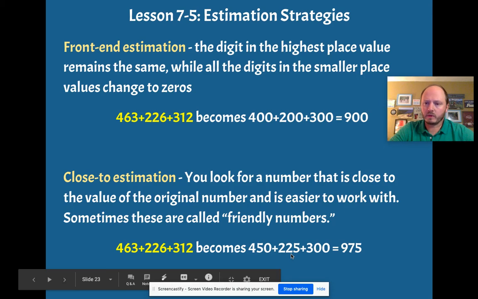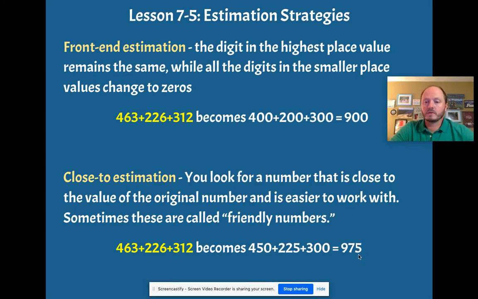They're pretty easy to work with, right? If we're counting by quarters, or thinking about 25, 50, 75, adding 50 and 25 together, that's pretty easy, right? So 312, nice close number, easy to work with. 300.